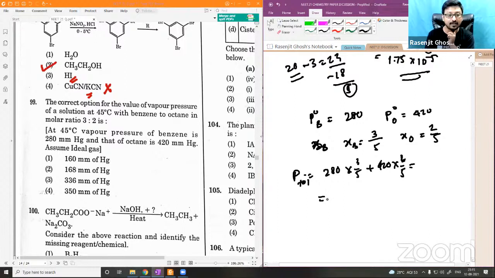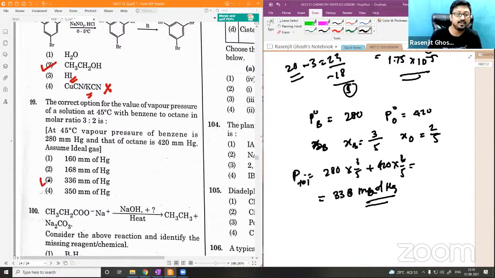If you do this calculation, you will get the answer: 336 millimeter of Hg. It's a direct, simple value-putting calculation using Raoult's law. Simple problem. Next one.